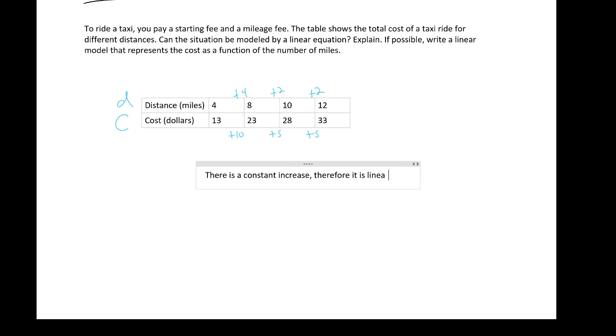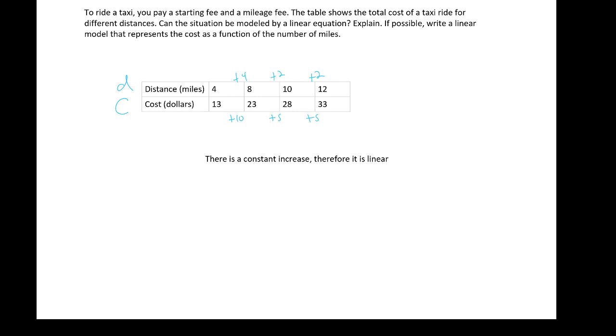Therefore, it is linear, okay? And now you're looking at this and saying, wait, hold on. It's not always just plus 2, plus 2. Well, this one here is plus 4, right? When it was plus 4, it was also plus 10. So it was increasing by a factor of 2 between those two measured distances and costs. So it is a linear relationship.